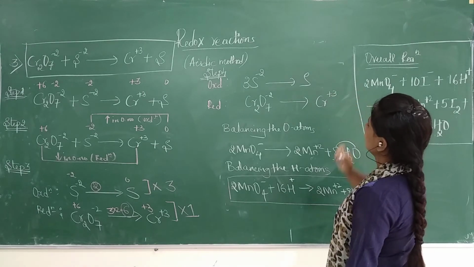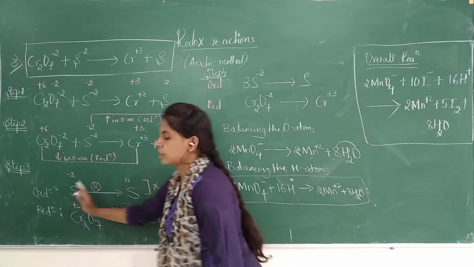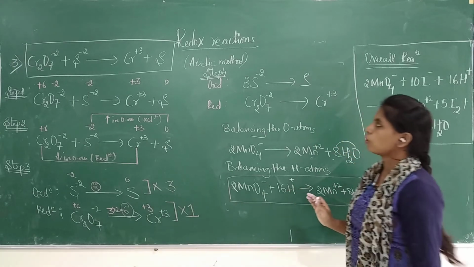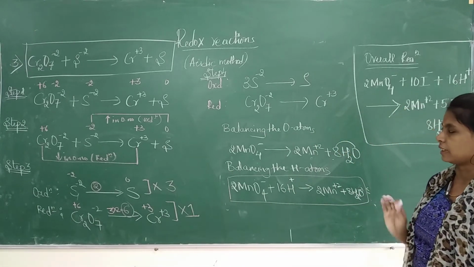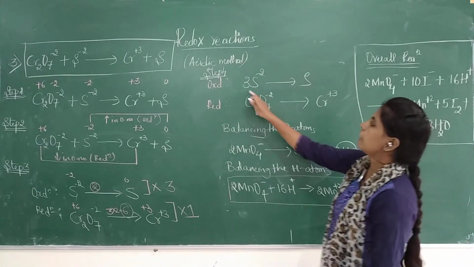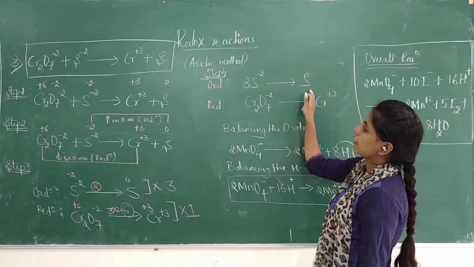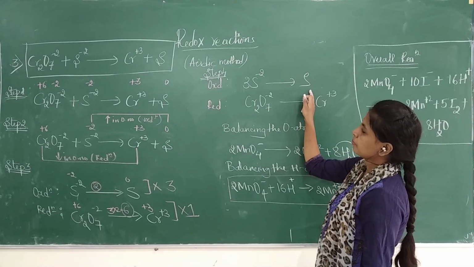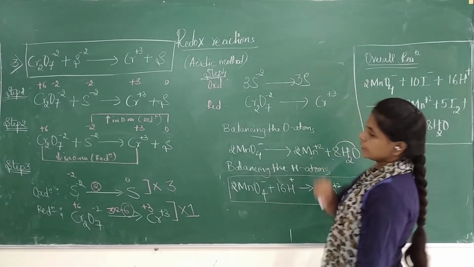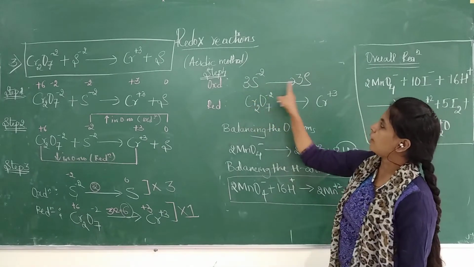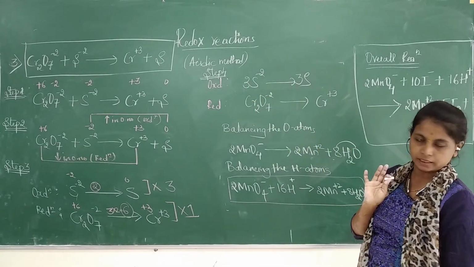Okay, now you have multiplied it towards the reactant side. Now you are going to balance all the other atoms except oxygen and hydrogen. Here you are balancing the oxidation half reaction by writing 3 sulfide, 3 sulfur. Now it is balanced.